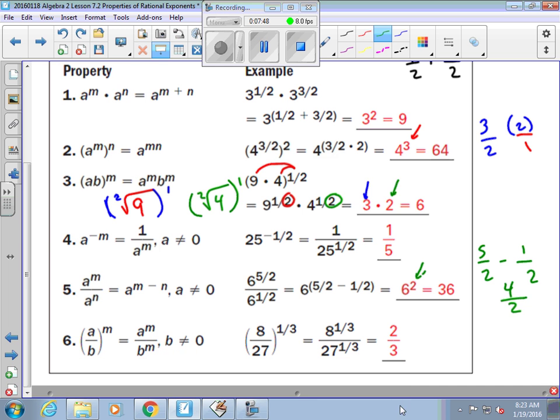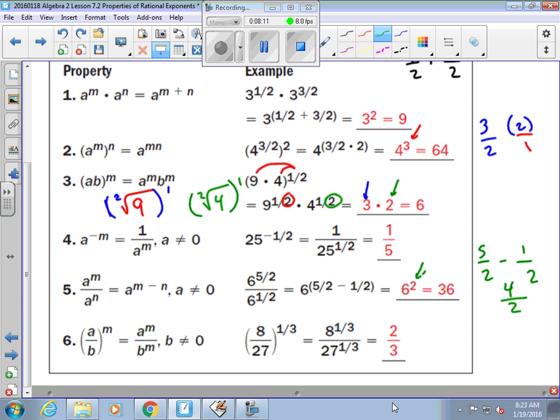And then a over b to the m power is the same thing as a to the m and b to the m. Again, we think of this like we think of the distributive property as well. So 8 over 27 to the 1/3 means 8 to the 1/3 and 27 to the 1/3.